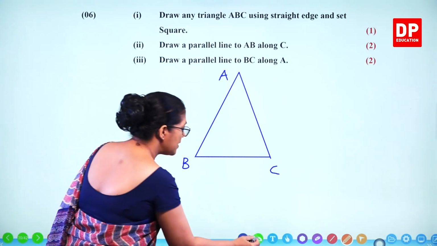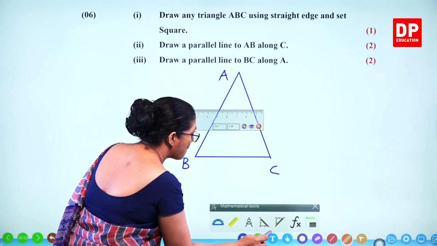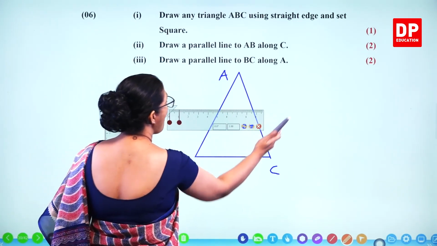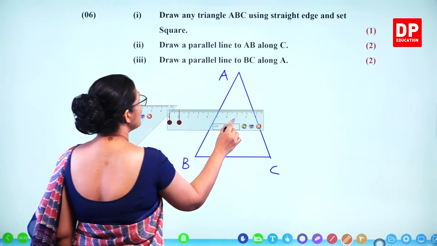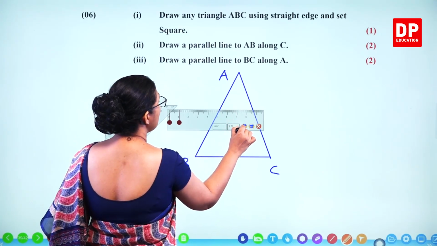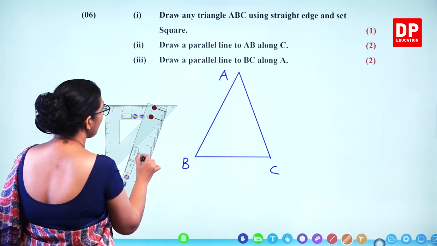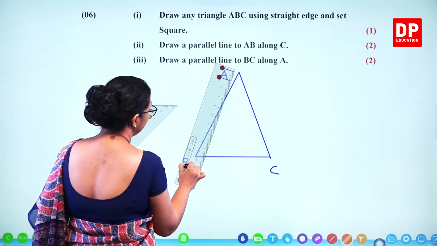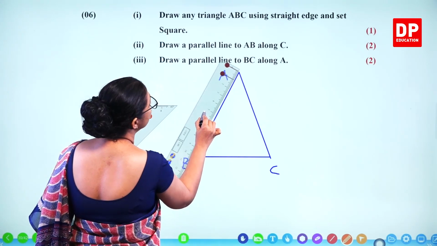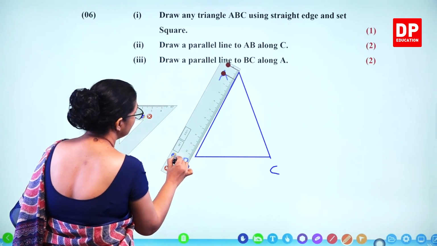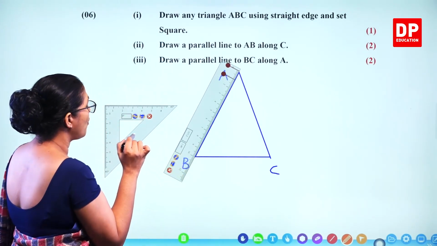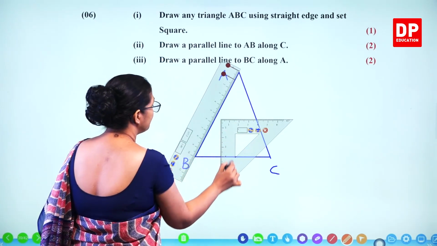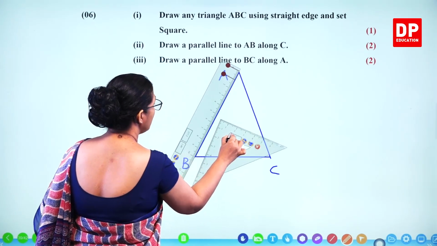Now you need the set square. Set square and the ruler. So now you have to draw a parallel line to that. So what you do? You keep the ruler on top of this line, and then you keep the set square.